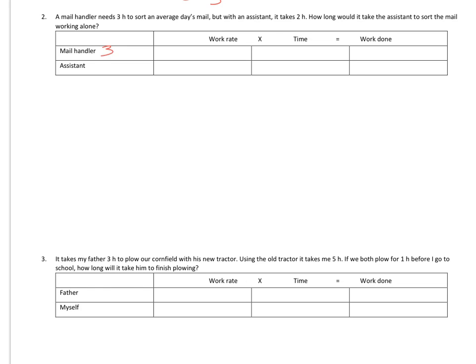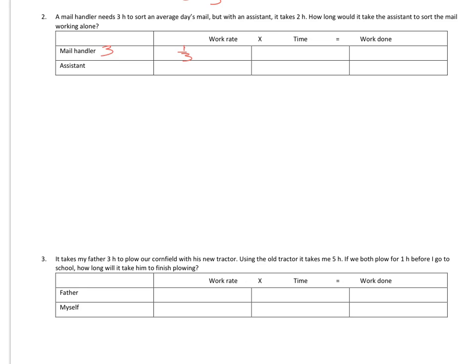When you're setting up the work rate, that work rate is the mail handler's work rate alone, not when he's working with the assistant. So if he can sort the entire day's mail in 3 hours, how much of the mail could he get done in 1 hour? A third. He can get a third of the mail sorted in an hour.